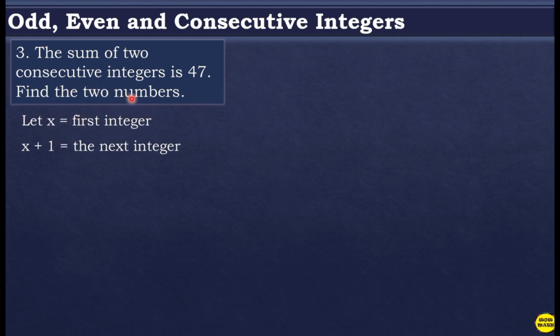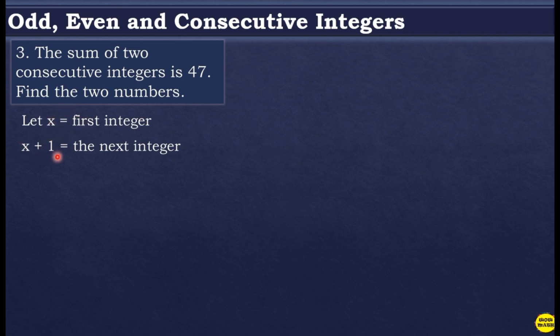We again represent the first number as x, and since the first number is x, the next consecutive number would be x plus 1. So we have now the two numbers: the first number is x, and the next integer would be x plus 1. How did we get the next number to be x plus 1?